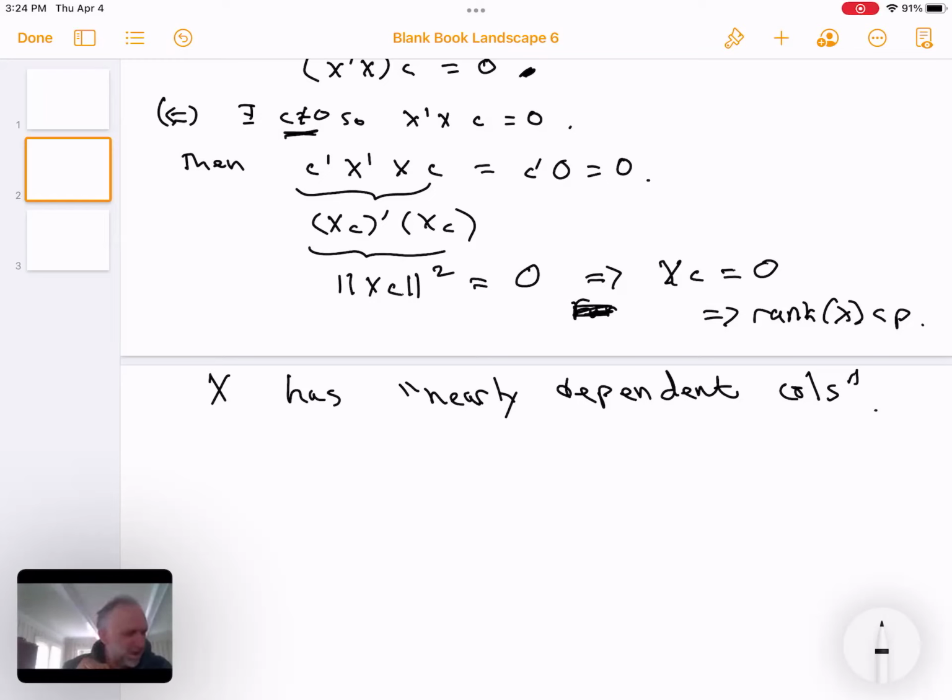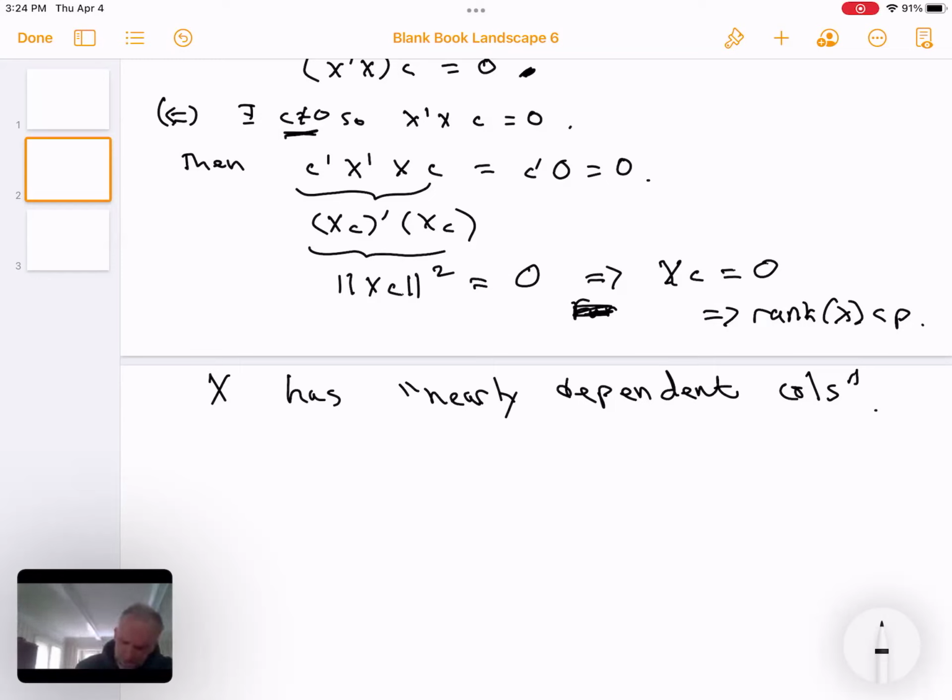I still get this effect on the model. So what is the result? I can just tell you the punchline right now. It makes the model unstable. You have high variance in the coefficients, and that carries over to everything else.